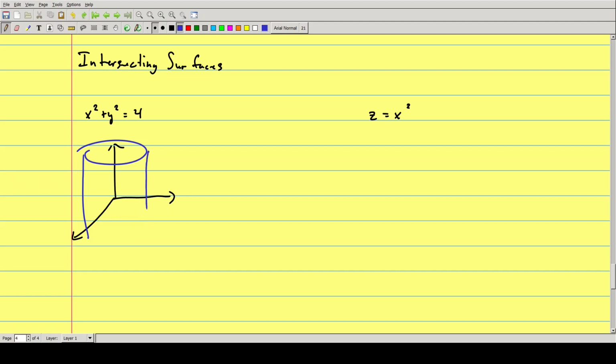Clean this up a little bit. All right. And then for the other picture, we have z equals x squared.